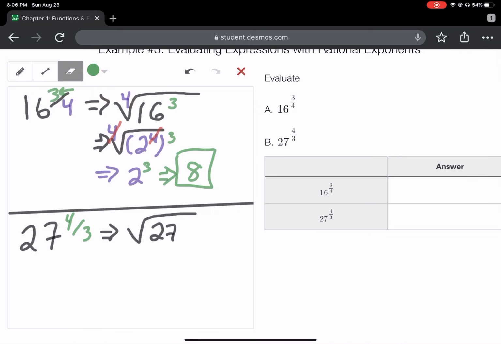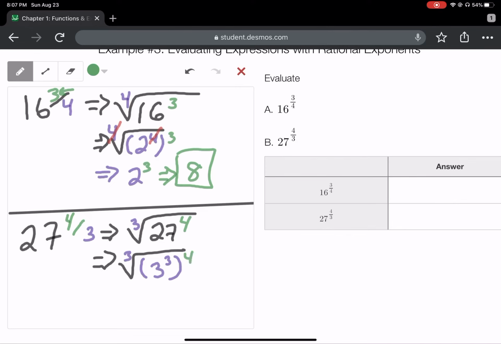All right, so again, the bottom number, the denominator, goes as our index, and then the numerator is our exponent. So then we figure out what number raised to the power of 3 gives us 27, and once you figure that out, that should be 3. 3 to the power of 3 is 27, and raised to the power of 4.